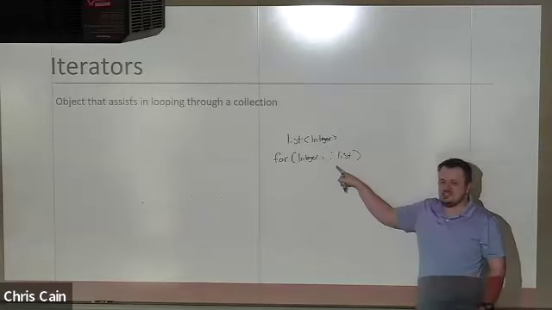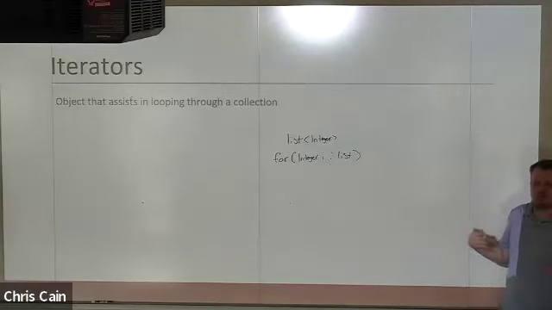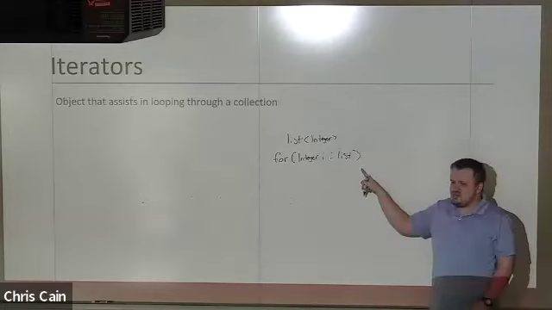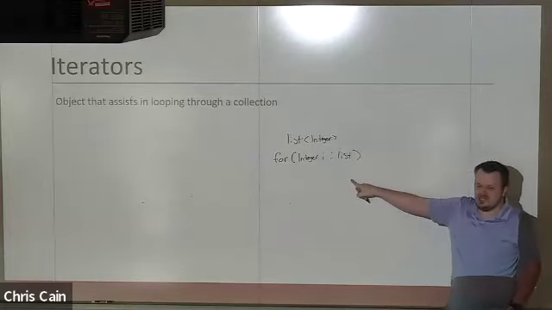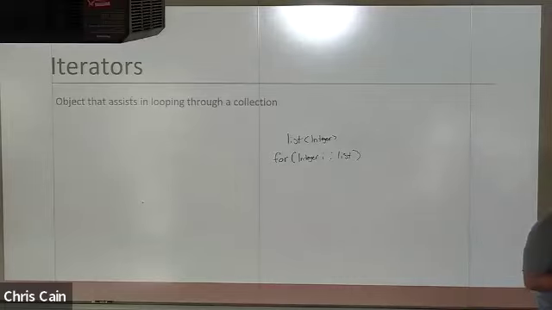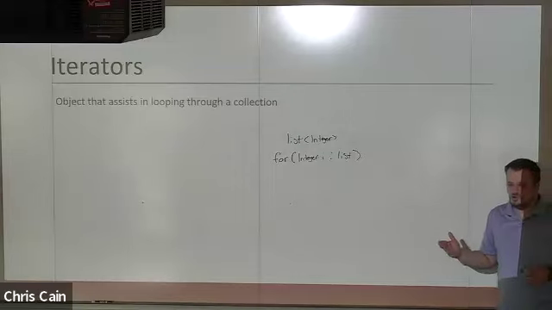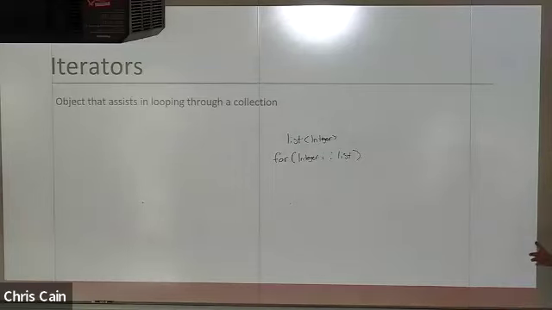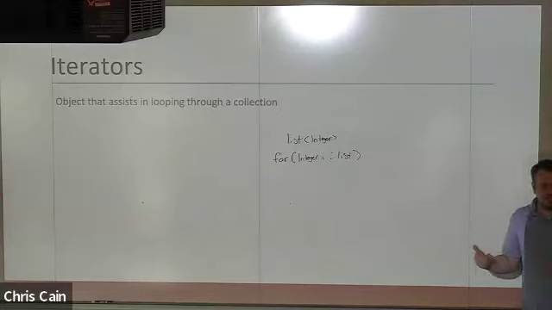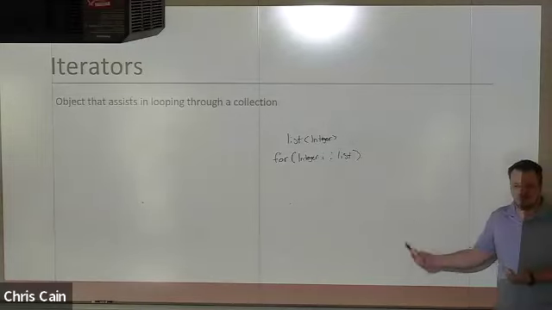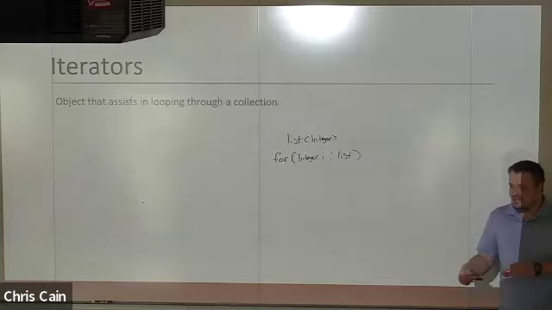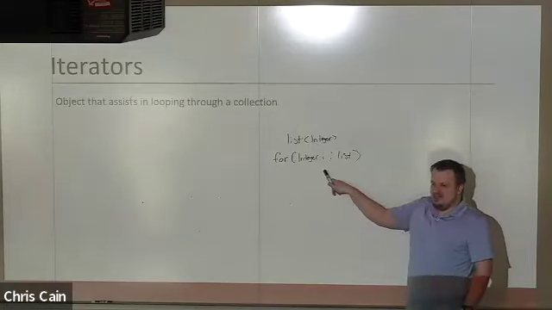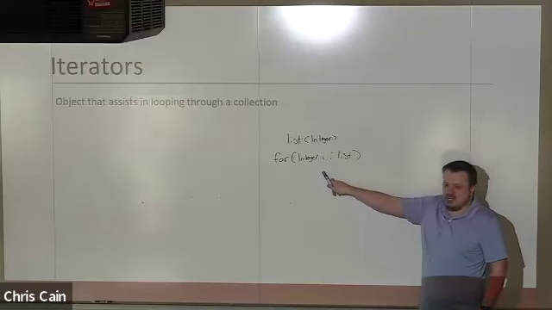But note that we don't have to specify how long this list is because the collection already knows how long it is. This is actually using an iterator object when you do this underneath the hood. But it's not communicating that, and you don't need to know that in order to use a for each loop. But if you make your own collection type or you use other collection types like a linked list or an array list, and you want to be able to iterate through them in a way that you're writing to the object while you're looping through it, imagine trying to add to the list or remove from the list as part of this.